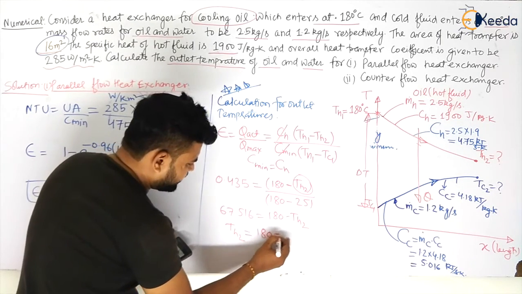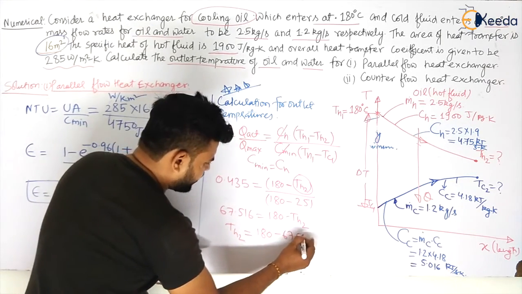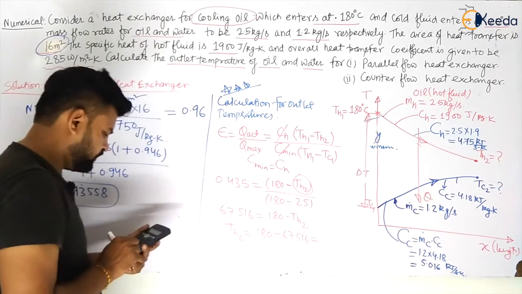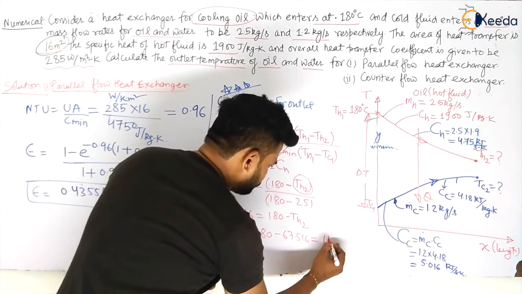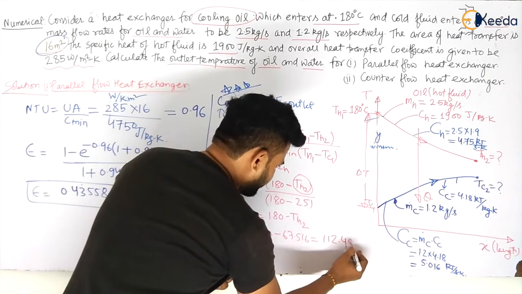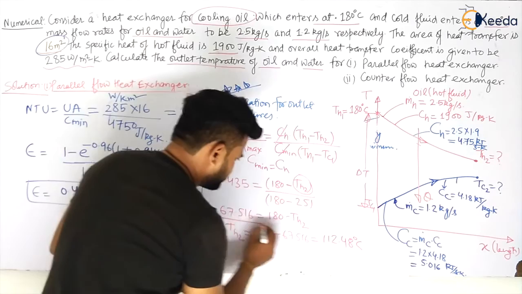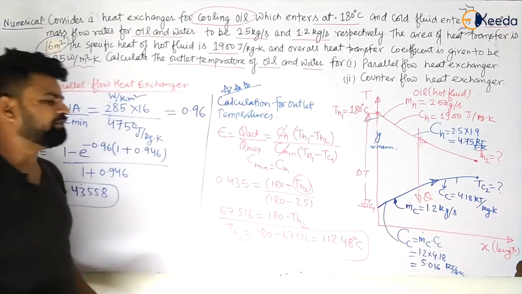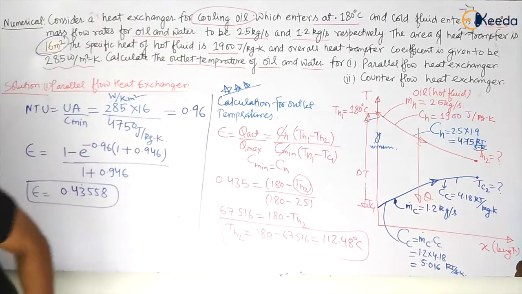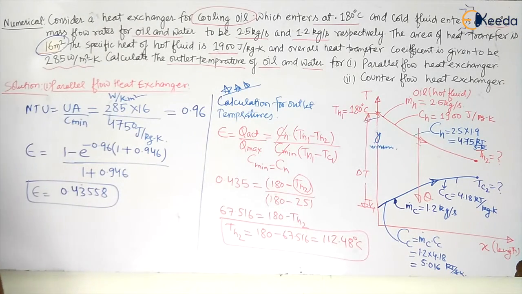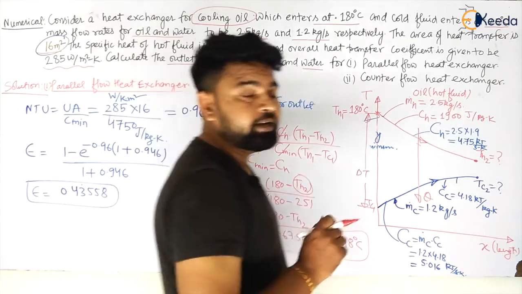So this will become 180 minus 67.516, that is 112.48 degree Celsius, my dear students. So we have calculated TH2 now, and the value is coming to be 112.48 degree Celsius.